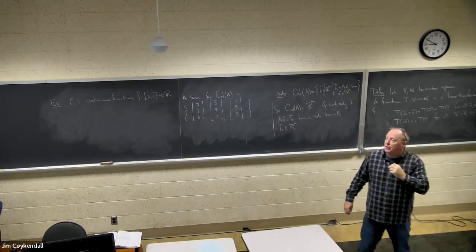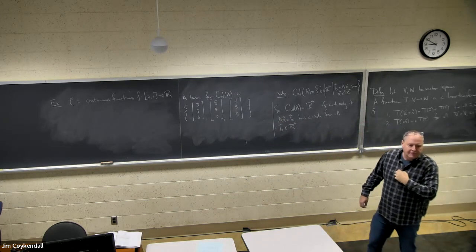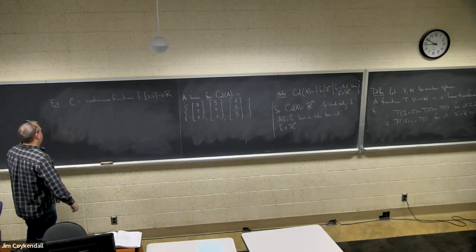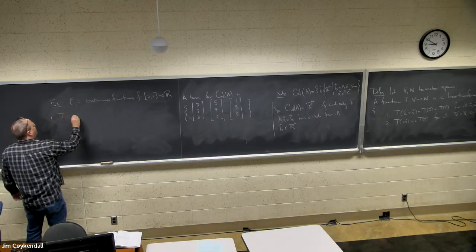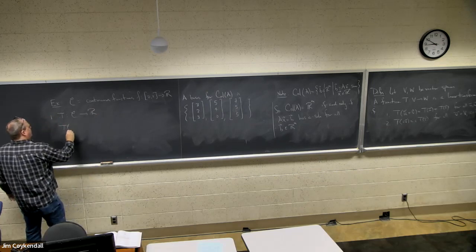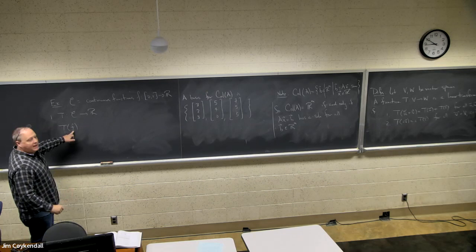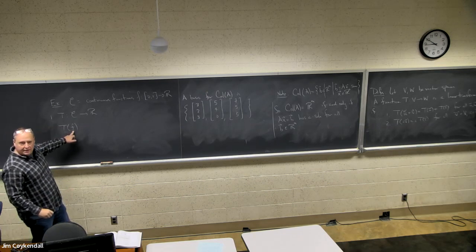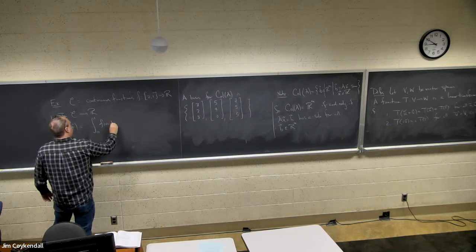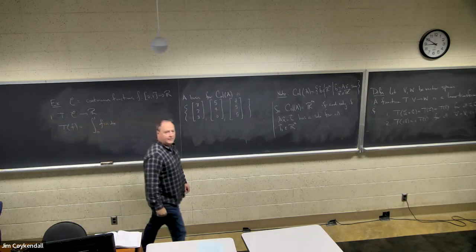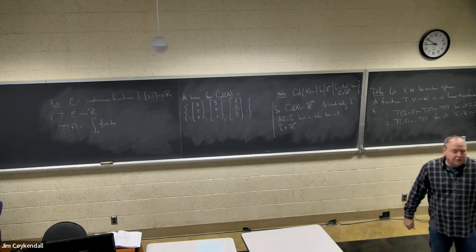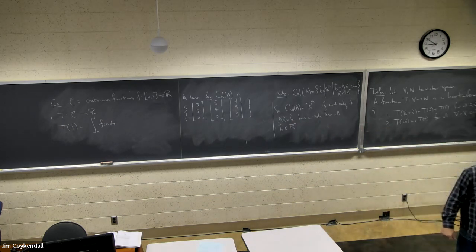We've seen that this is a vector space. Let's define a function T that goes from C into R. My input, my vector, is a continuous function, and my output is a real number. So I'm going from C to R. Check that that's a linear transformation.